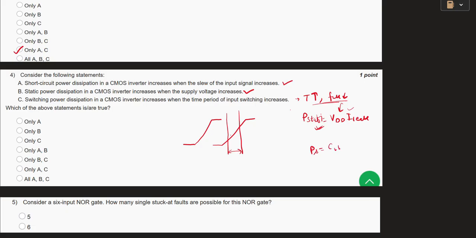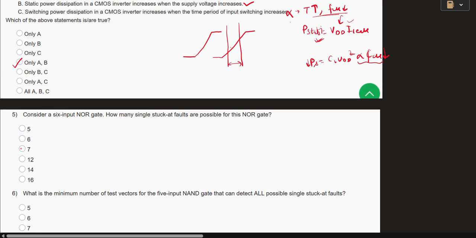Switching power is CL VDD square times activity alpha times F_CLK, the clock frequency. Now if you are reducing this term, this whole term will be reduced. So switching power will definitely decrease, right? So if we increase the time period, our switching power will decrease, but here it is saying that it will increase, so it is not a correct option. It means that we are left with options A and B, which are correct. So yeah, only A and B is the correct option.